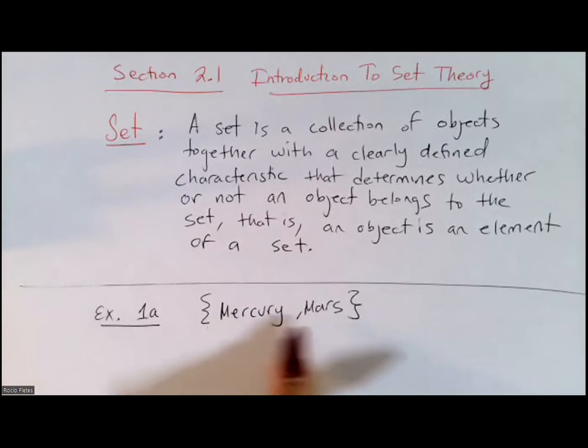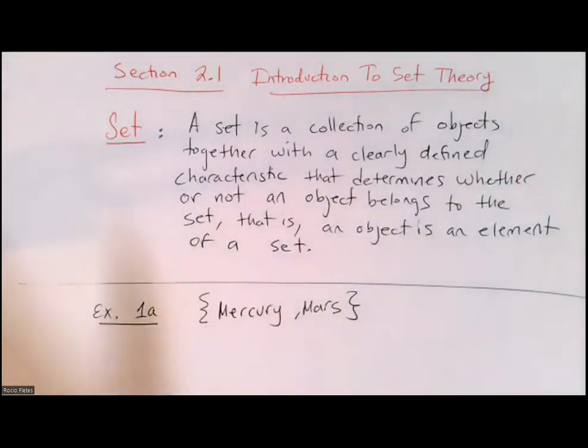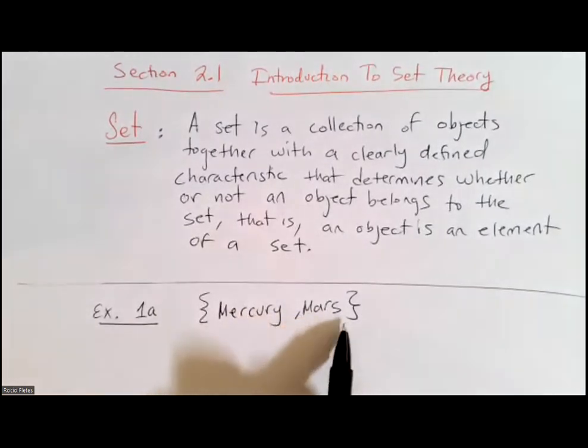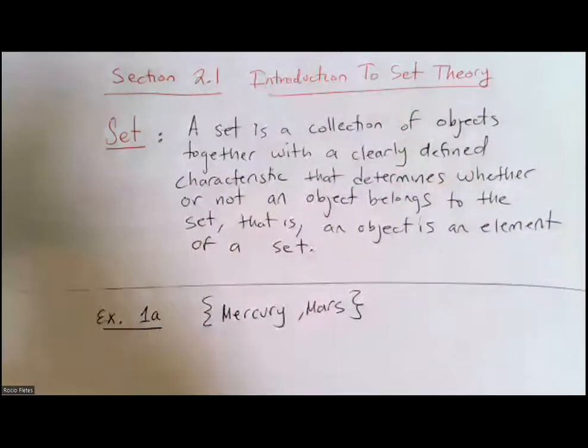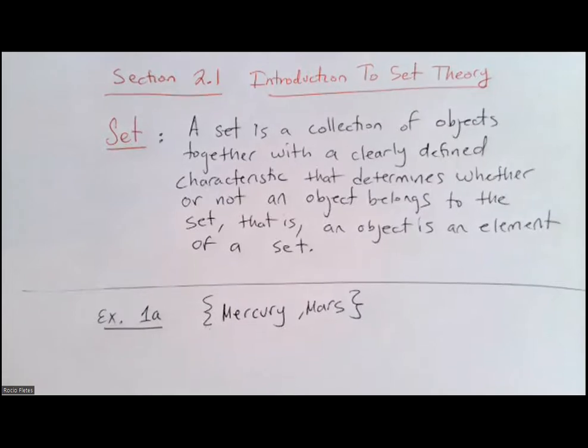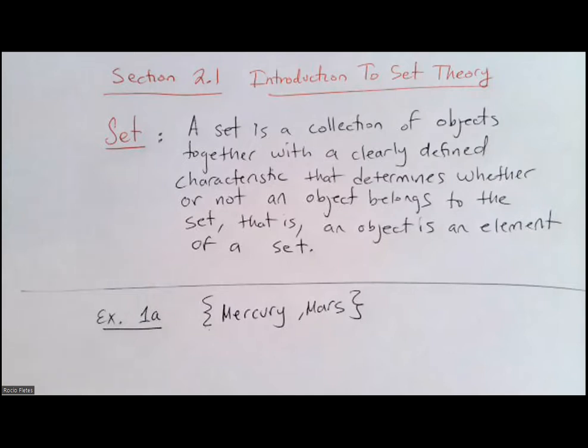We use braces whenever we are talking about sets. And so we always use the braces around the elements of the set. So here we have a set that has 2 elements, Mercury and Mars. And notice that we were able to create this set because we had a clearly defined set, right? It's a well-defined set. There's a definition that clearly identifies the elements of the set, all right?